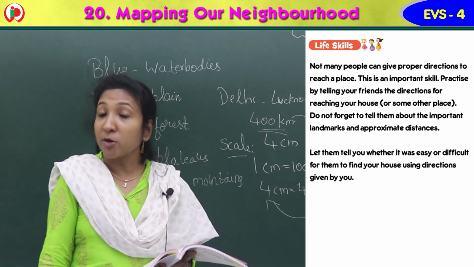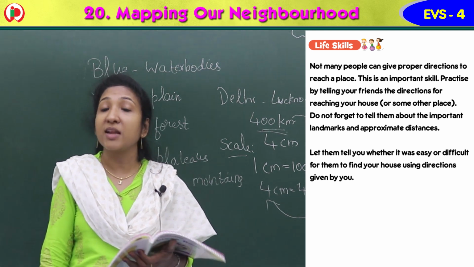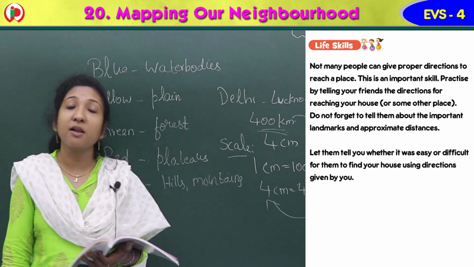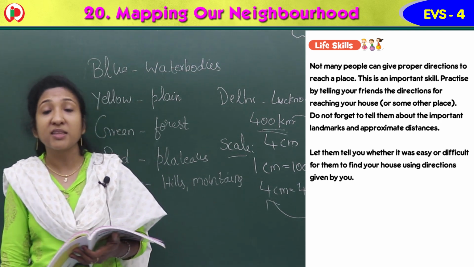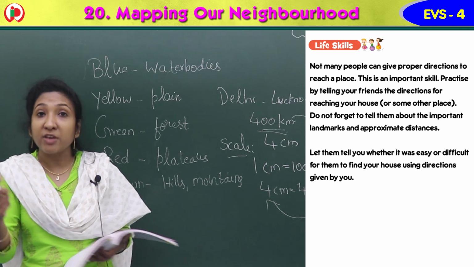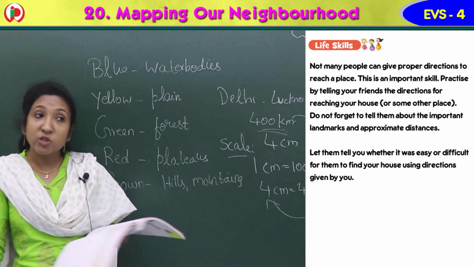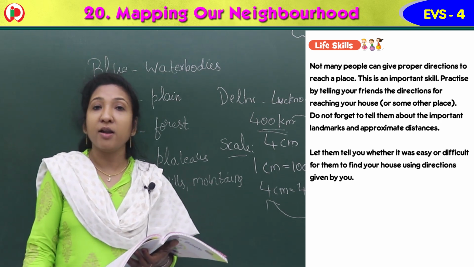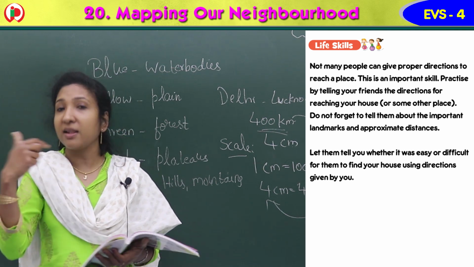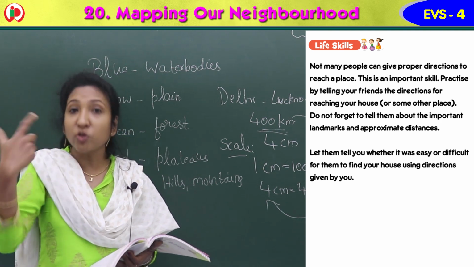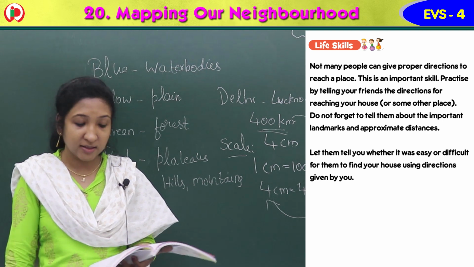If there are any important landmarks, like schools or any famous building or temple or market or bank, anything, you can tell. If there is a kirana store, or a shopping mall or a supermarket, any landmark, you have to specify it.